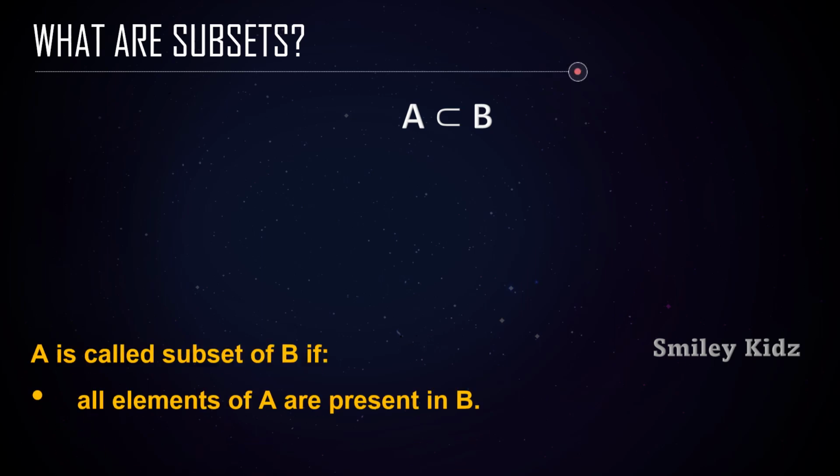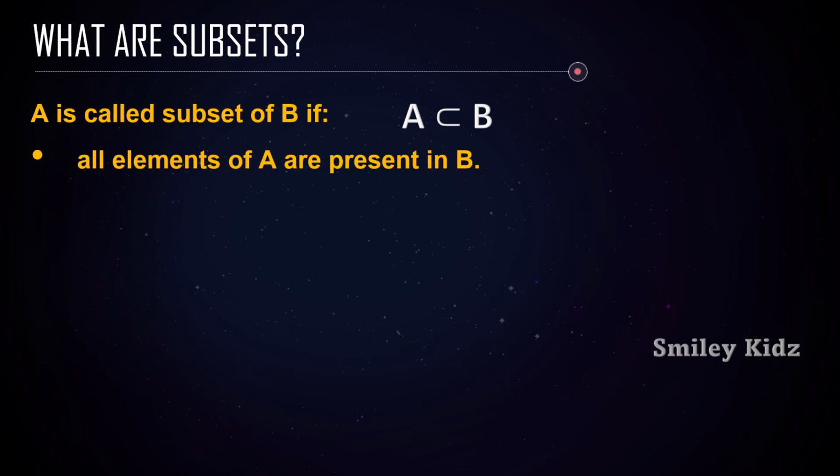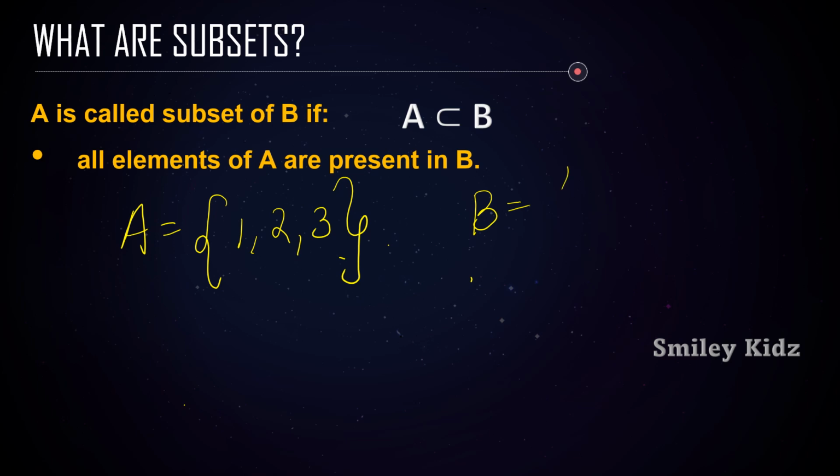What are subsets? A is called a subset of B if all elements of A are present in B. Now I know it seems to be like German. Let me explain. Here A is equal to {1, 2, 3}, let's say. B, on the other hand, is {1, 2, 3, 4}.